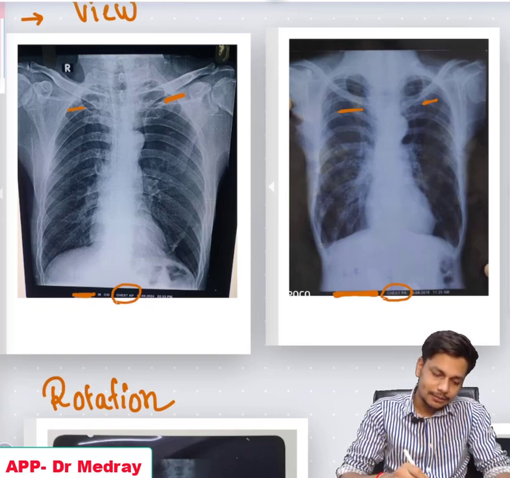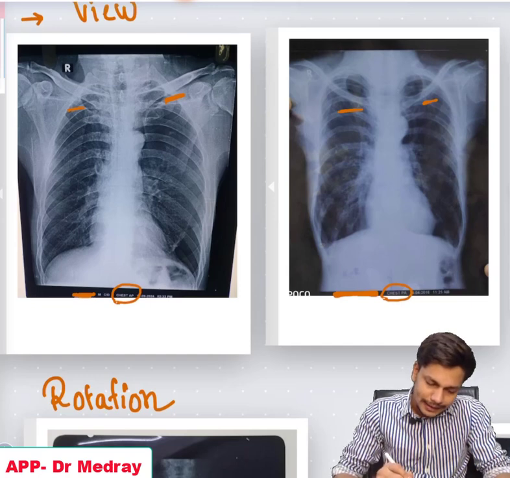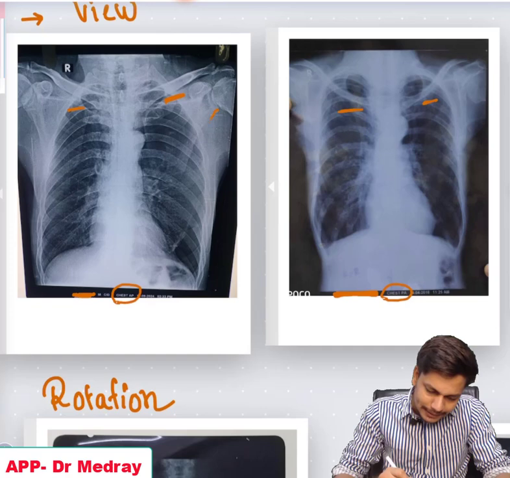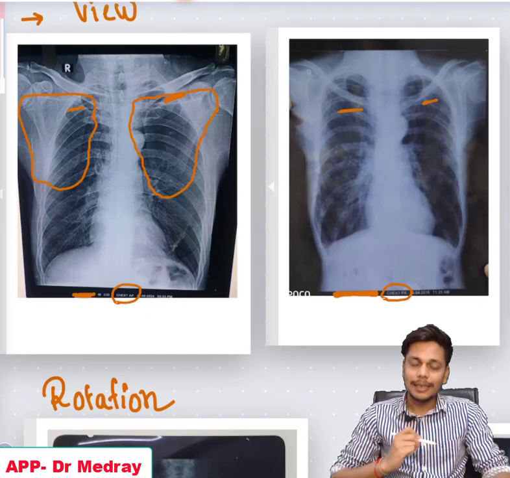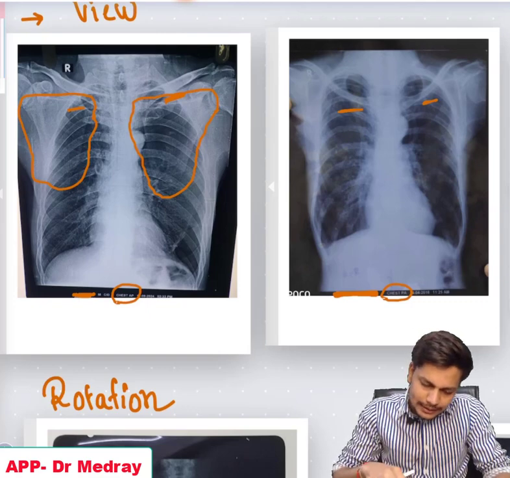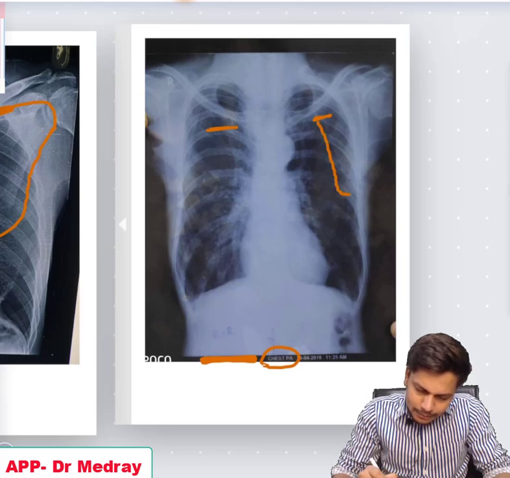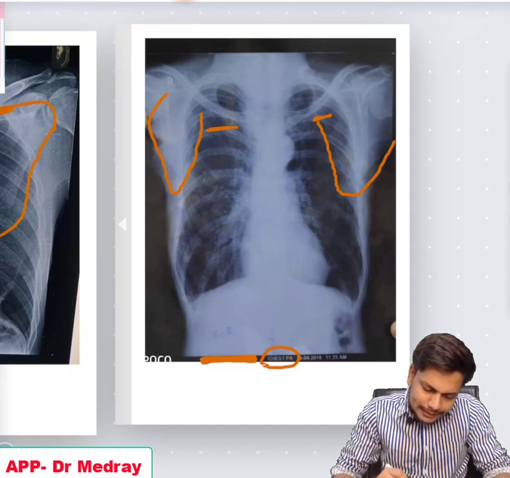The second thing you can notice is the border of the scapula. This is the border of the left scapula and this is the border of the right scapula in the AP view. And in the PA view, can you see the border of the scapula here? What is the difference?